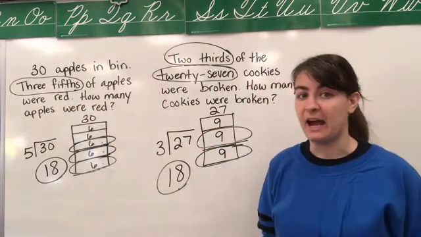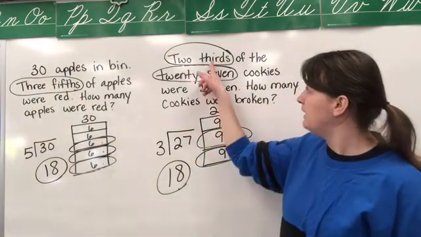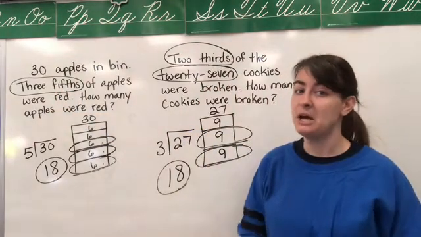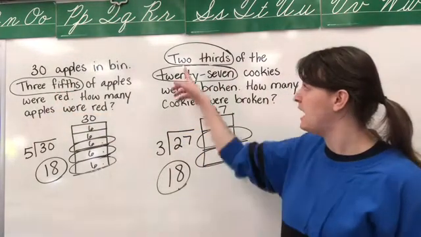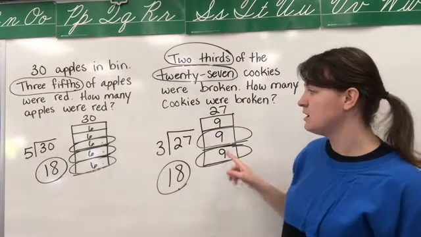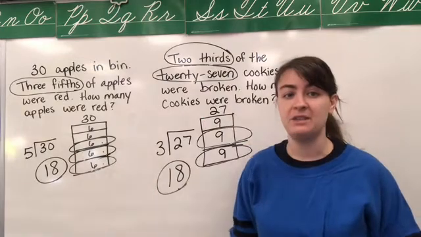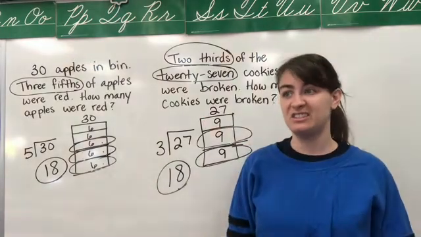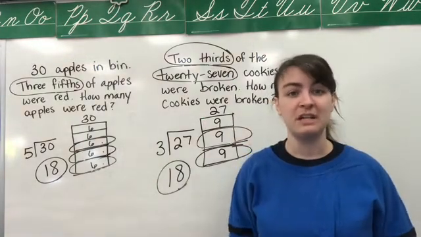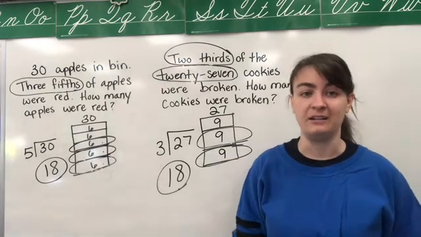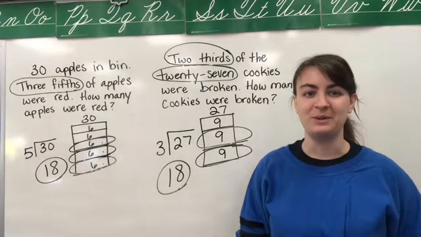Divide it into its fraction part, whether that's thirds or fifths, and then take the number of that fraction that you need, whether that's 2 of the thirds, or 3 of the fifths, or 5 of the eighths, or 6 of the tenths, whatever it is, take that number and add up that many of it to get your final answer. Hopefully this will help you as you work on your math today.